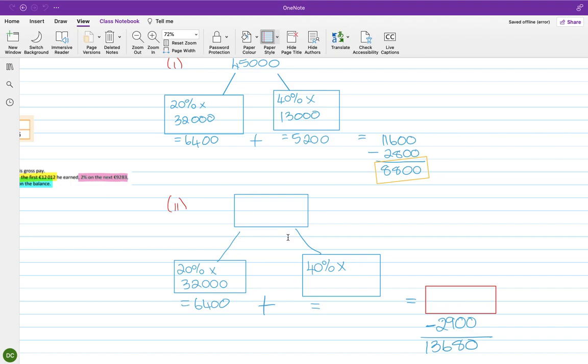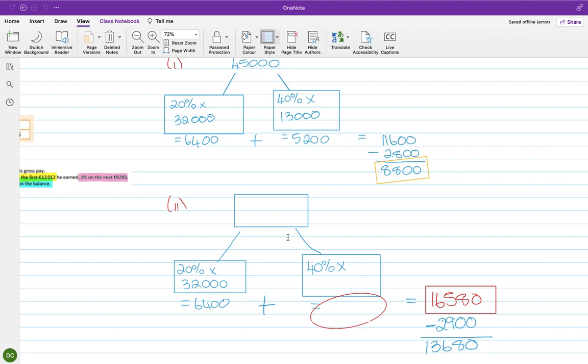So 13,680 plus 2,900 is 16,580. Yeah, we can figure out this one here by subtracting 16,580 minus 6,400.